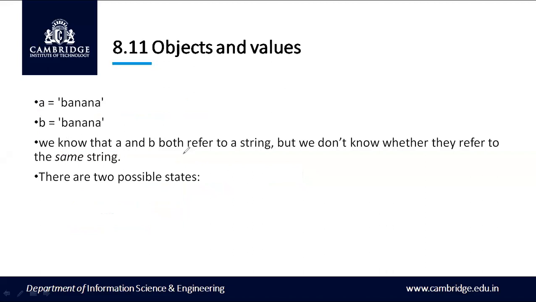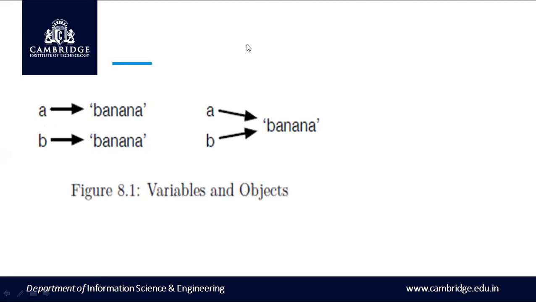We know that A and B both refer to a string, but we don't know whether they refer to the same string. According to this, there are two possible states. Something like this: A and B can be pointing to the same object, or A has a separate object and B has a separate object. So that is variables and objects.